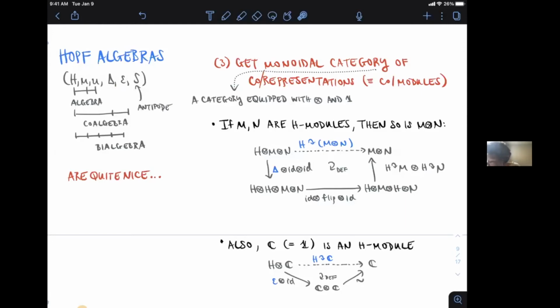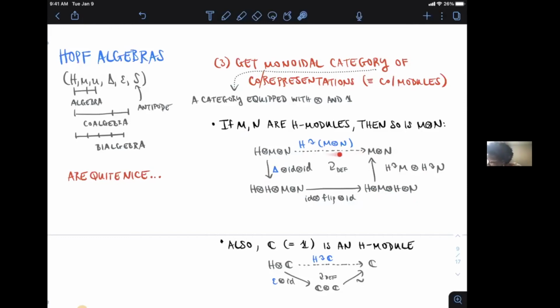So if I take two modules M and N, and I want to tensor them together to get a third module, what I do is I use the co-multiplication map here to get this vector space here. I flip across the tensor, and then I'm allowed to act in each slot. And that is my rule.